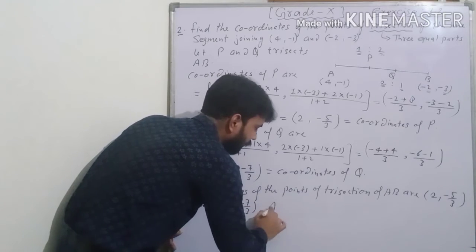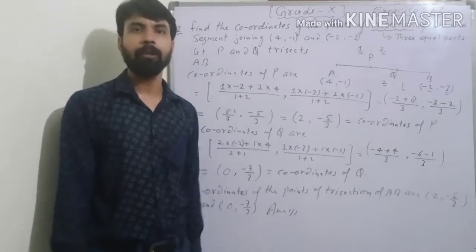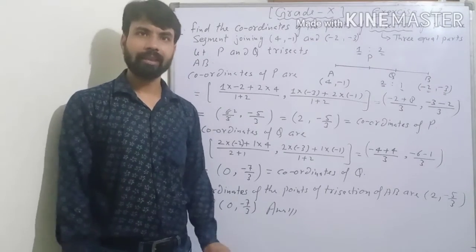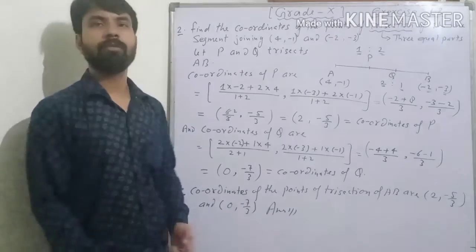So these are the coordinates of the points of trisection of line segment AB. Understood? Is it clear? Good. So students, pause the video and note this fast.